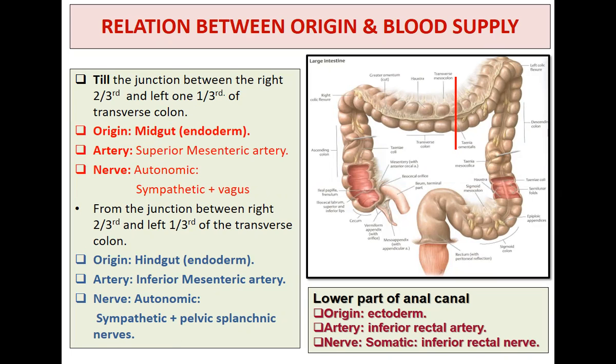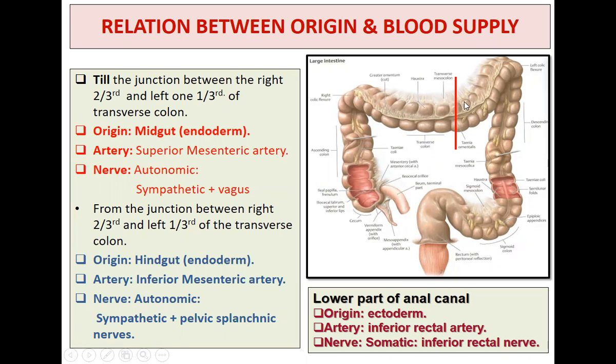Okay, coming to the relations and blood supply of the large intestine, as we know, till the junction between the right 2/3 and the left 1/3 of the transverse colon, all the part before that, the large intestine, developed from the midgut.